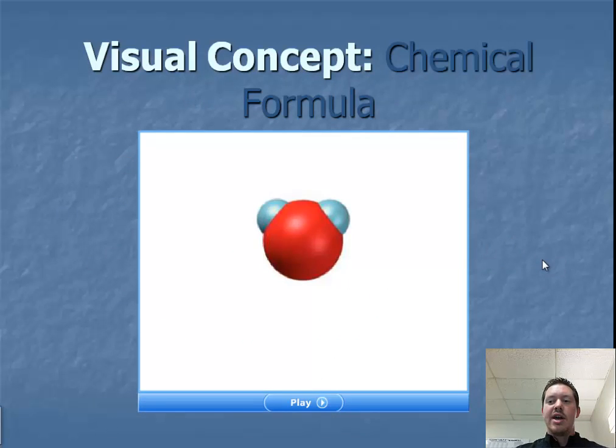Again, we're looking at a space filling model for water. Our formula for water is H2O, and we've got 2 hydrogens shown here, and then 1 oxygen, this large one in the middle.